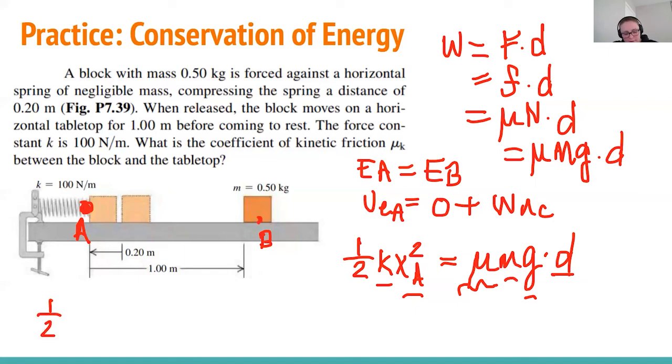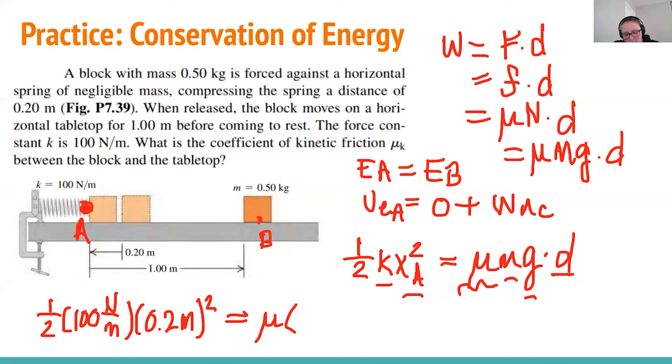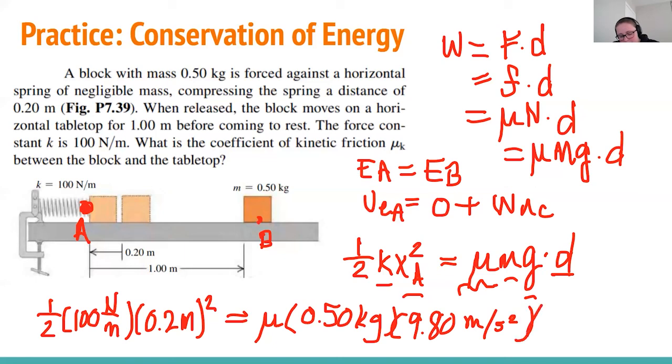So 1/2 times 100 Newtons per meter times 0.2 meters squared is equal to mu times our mass, which is 0.5 kilograms, times 9.80 meters per second squared, times our distance traveled, which is 1 meter, given in the problem.